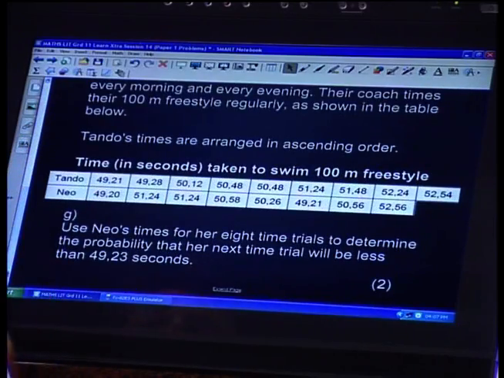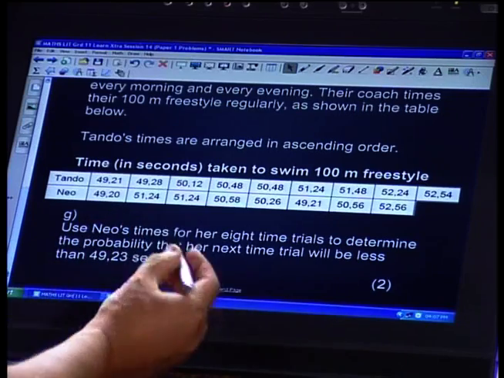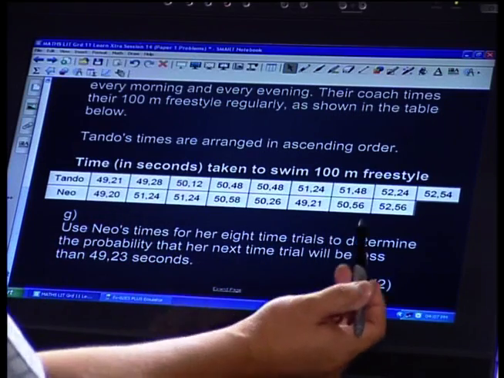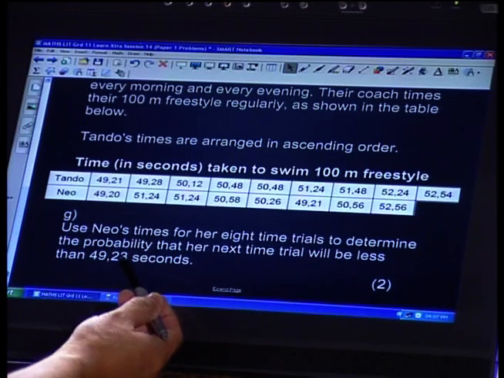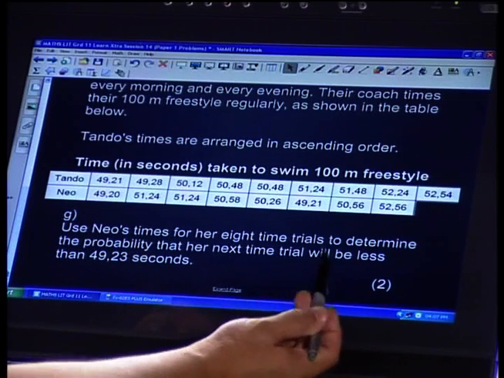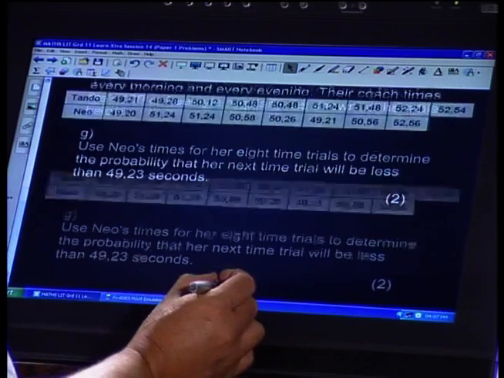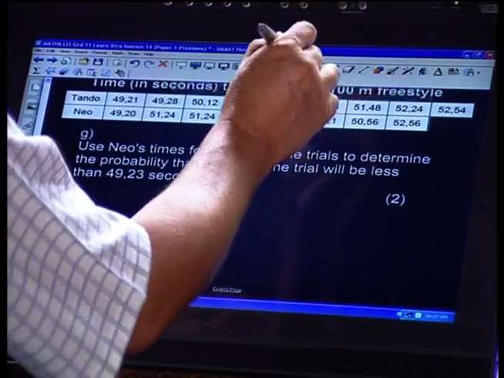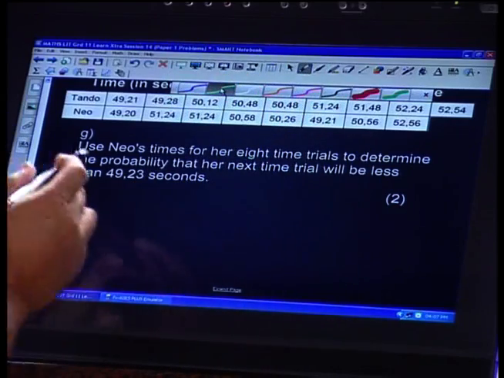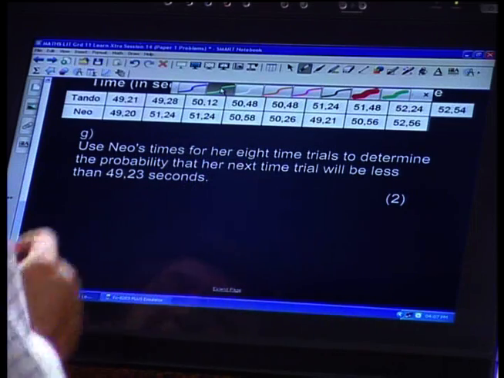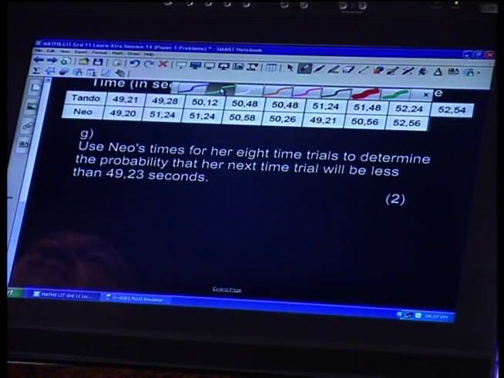Right. Next one. Use Neo's times for her 8-time trial to determine the probability that her next time trial will be less than 49,23 seconds. So now we're introducing a bit of probability here. So we're saying that of Neo's 8 times, how many of those are less than 49,23 seconds?